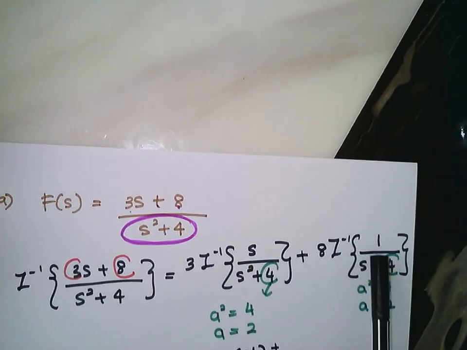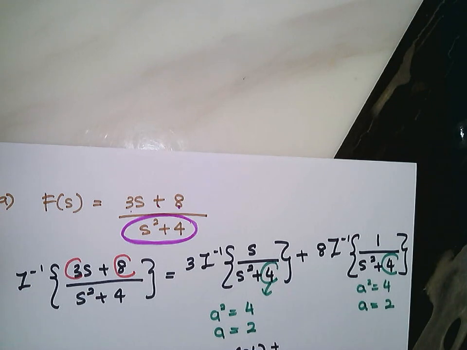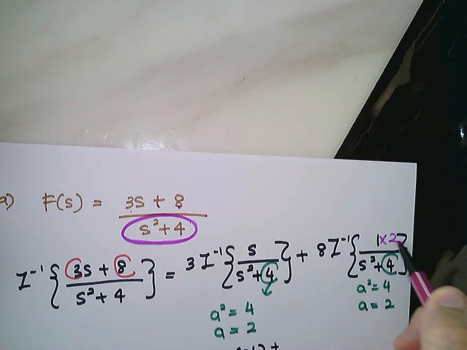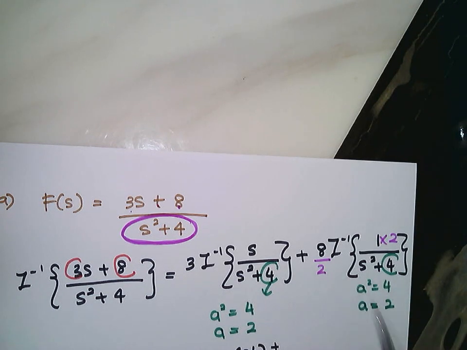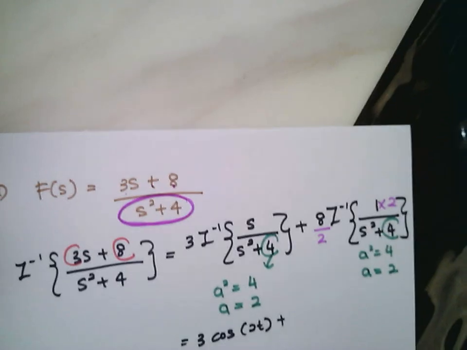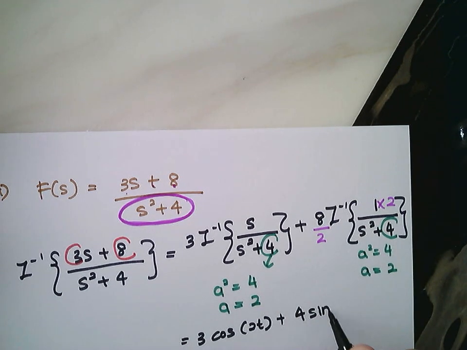But here you have 1. So you need to multiply by 2 and divide by 2. Remember, every time we multiply by a constant, we need to divide by the same constant. So you will have 1 over 2 sine 2t.